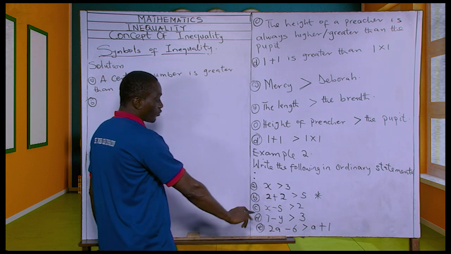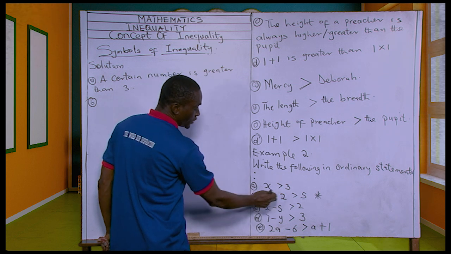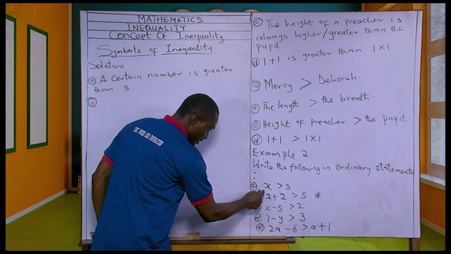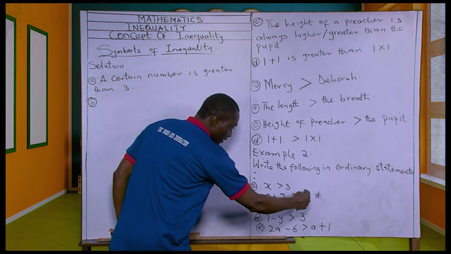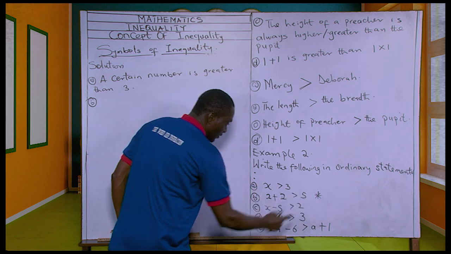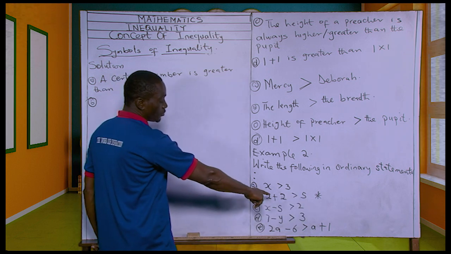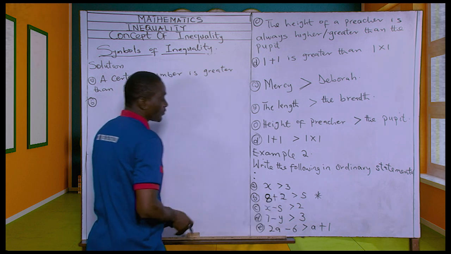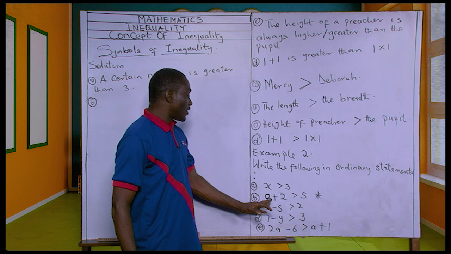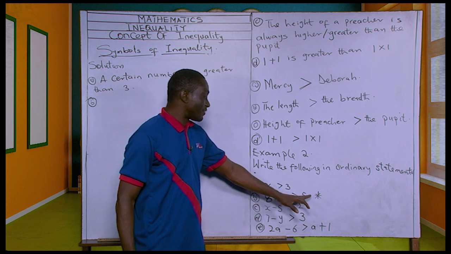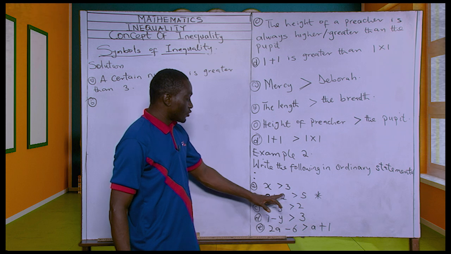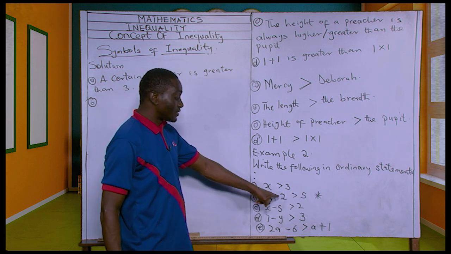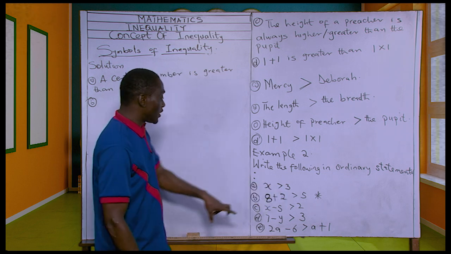Let's change either of these to a value that will make this side greater than this side. So 8 plus 2 is greater than 5. I'm sorry for writing the wrong question initially.